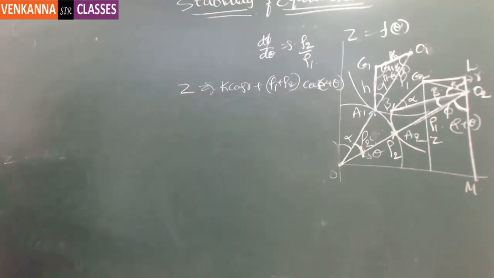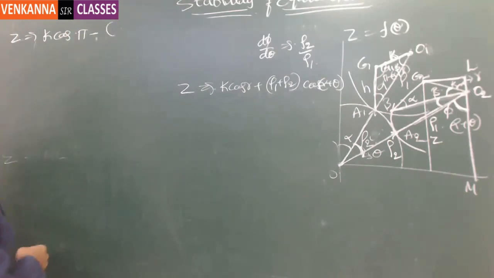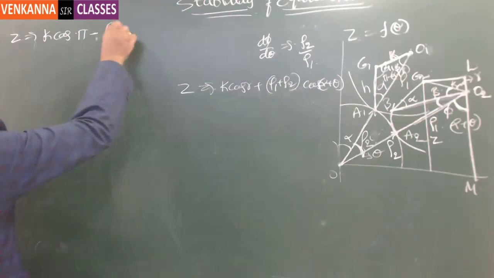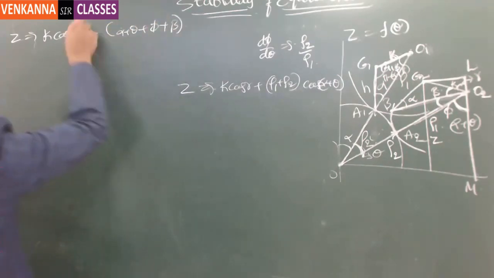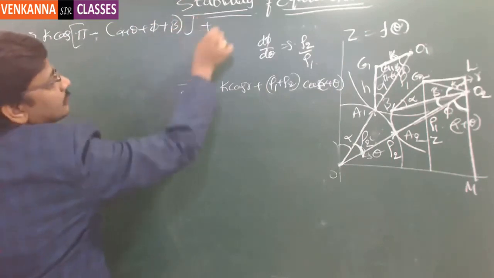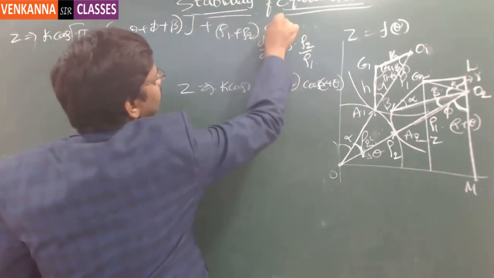Now, z is equal to k times cos gamma, where gamma is pi minus (alpha plus theta plus phi plus beta), plus (rho 1 plus rho 2) times cos(alpha plus theta).